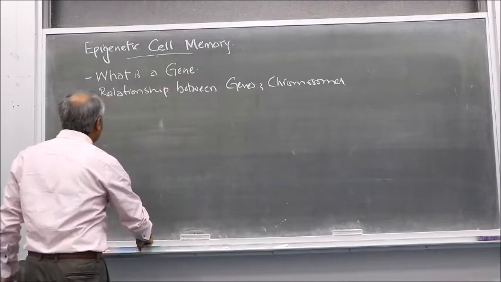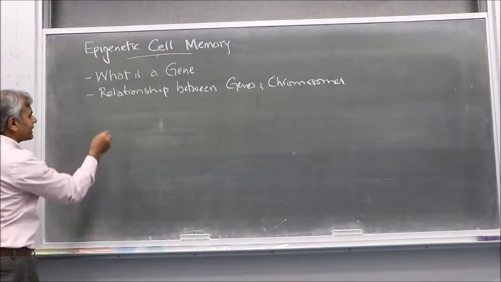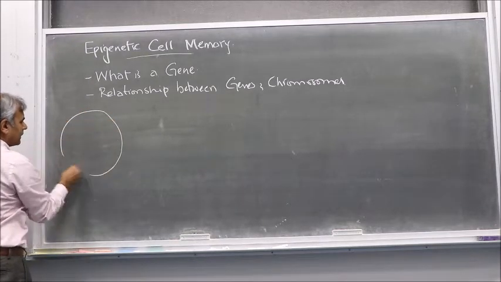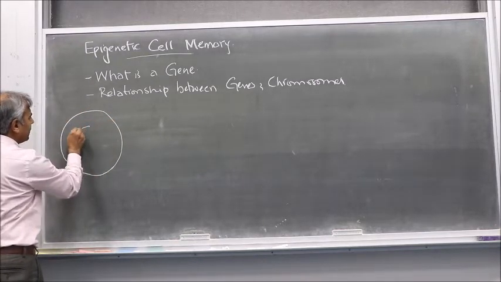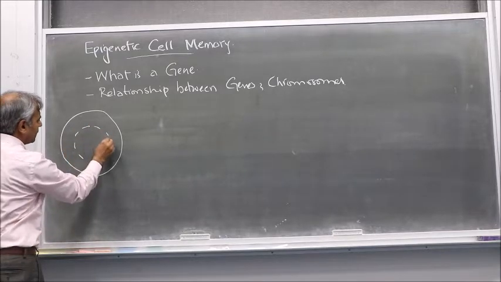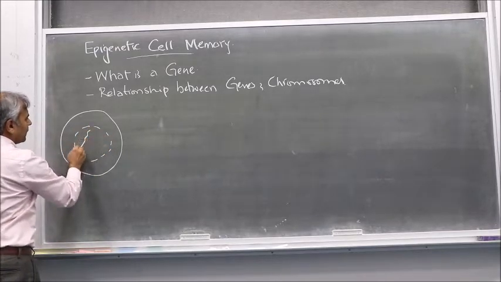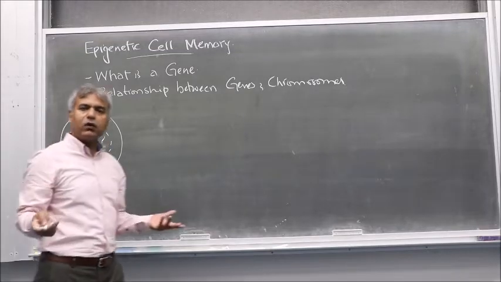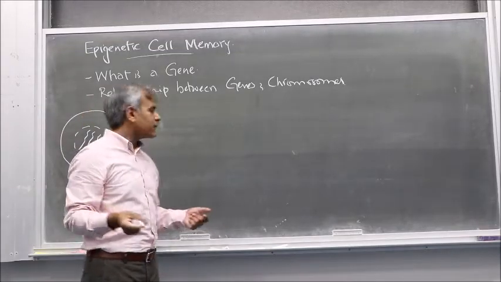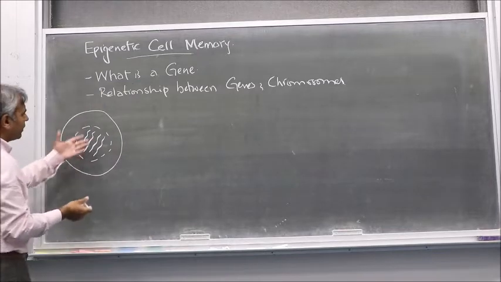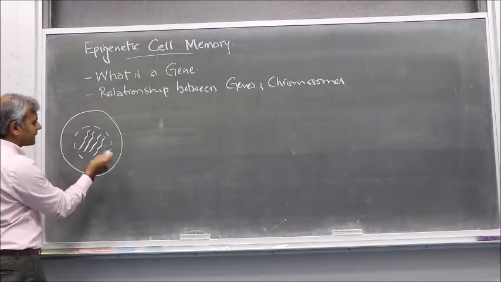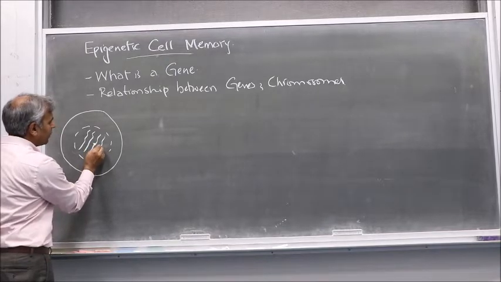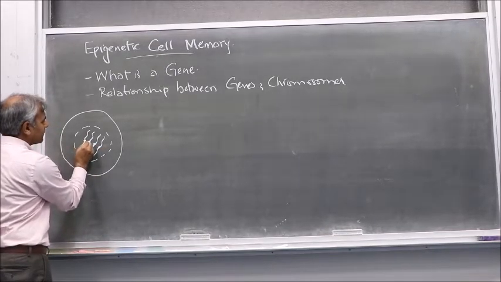What we know is that in a eukaryotic cell, let me draw a eukaryotic cell. In a eukaryotic cell, genetic information exists in the form of chromosomes. These thread-like structures I have drawn within the nucleus represent 2 pairs of chromosomes.